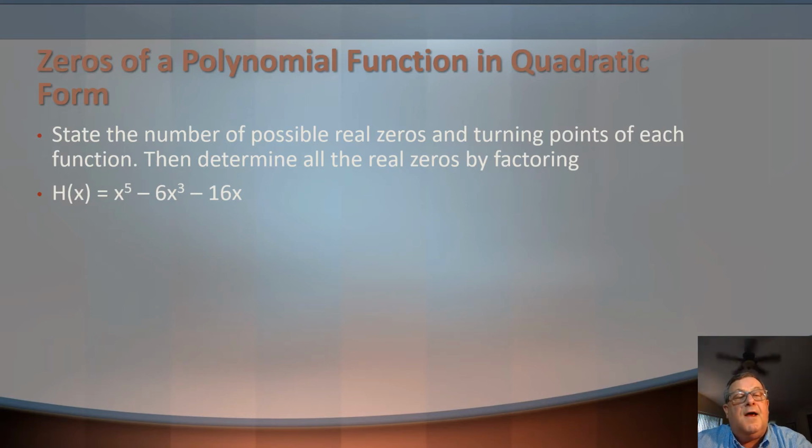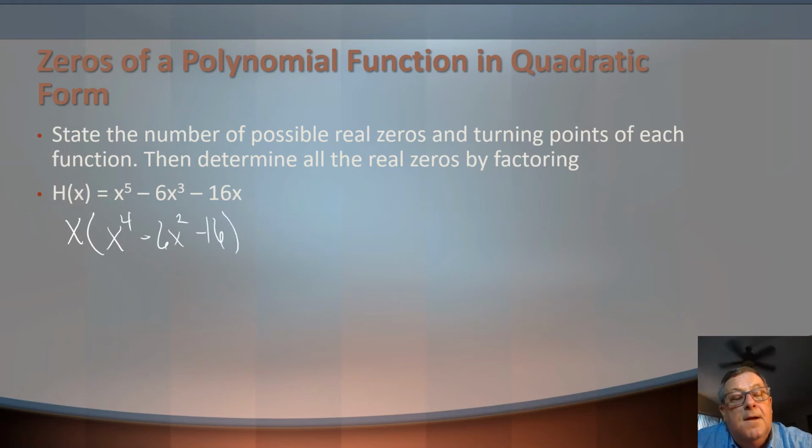All right, here we got h of x equals x to the fifth minus 6x cubed minus 16. Well, I can see that I can factor out an x right away, so let's do that. Then that's going to leave me with x to the fourth minus 6x squared minus 16. And since we're talking about quadratic form and U substitution, let's continue to rewrite this as x squared squared minus 6x squared minus 16.